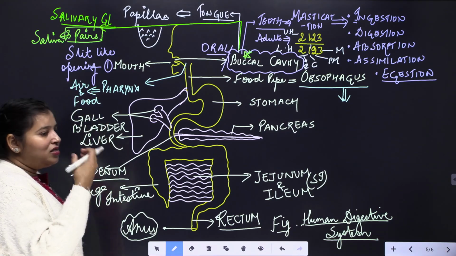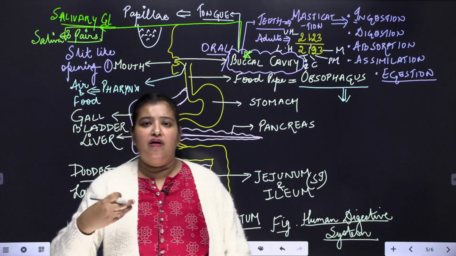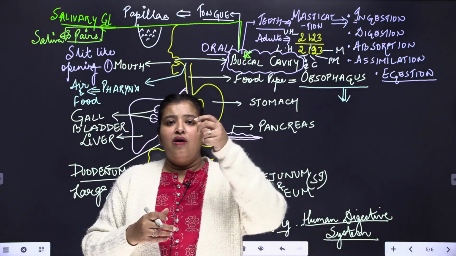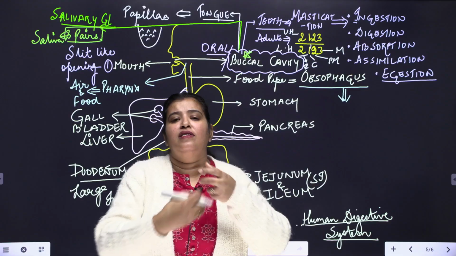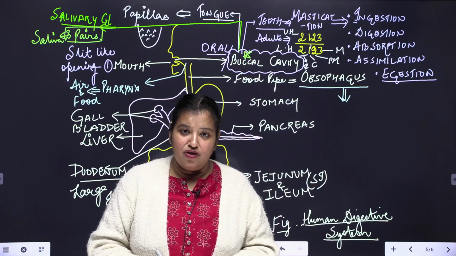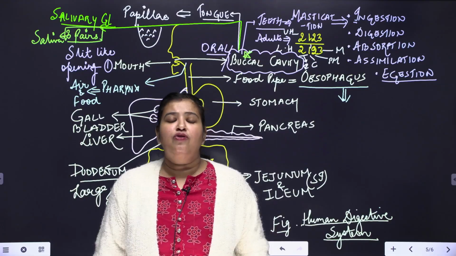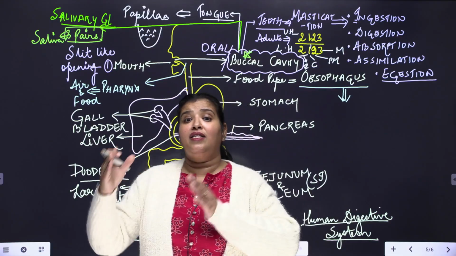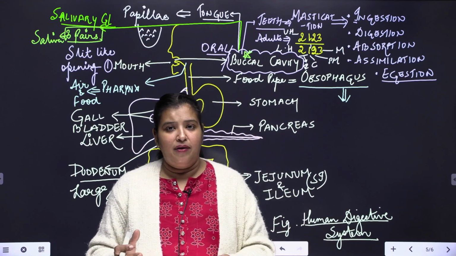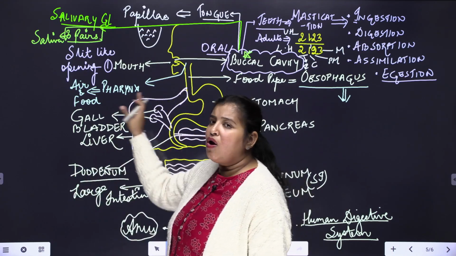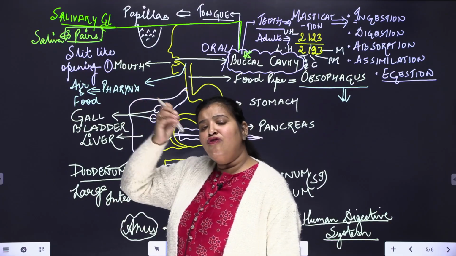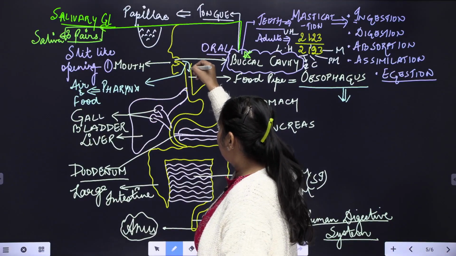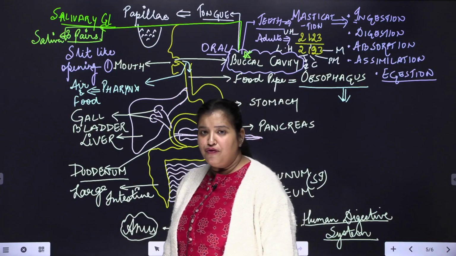That means once the food is swallowed by the tongue and has entered the buccal cavity, there are two passages: one is the respiratory tract and one is the food pipe. They have a different mechanism altogether. When I talk about respiration, I'll tell you why the food is directed into the esophagus and how it is done. For now, just remember that this is a common passage for air and food, and the food that we have chewed is swallowed and directed into the esophagus, which is the food pipe.